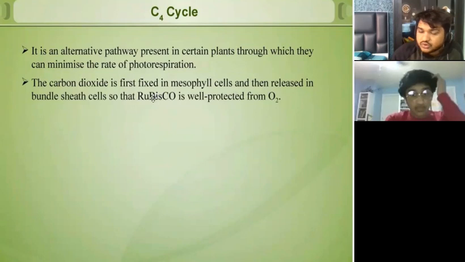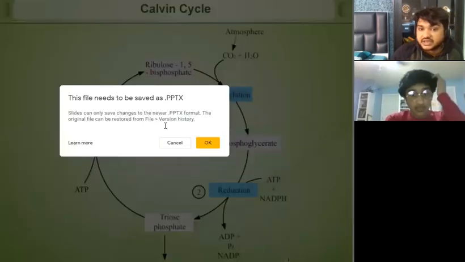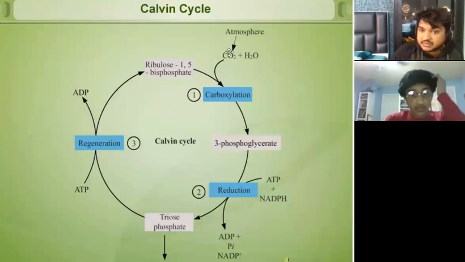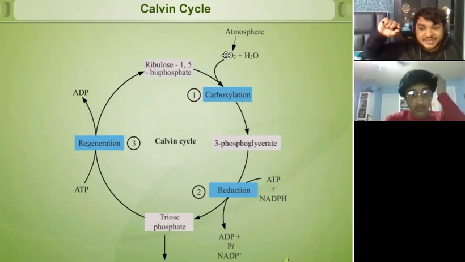Always remember, you have to protect your Rubisco from the oxygen. See here, RuBP: when RuBP combines with carbon dioxide, CO2, it is done by the Rubisco enzyme.